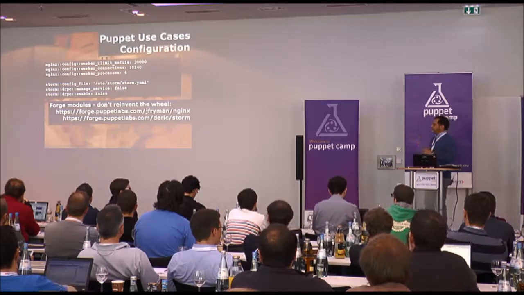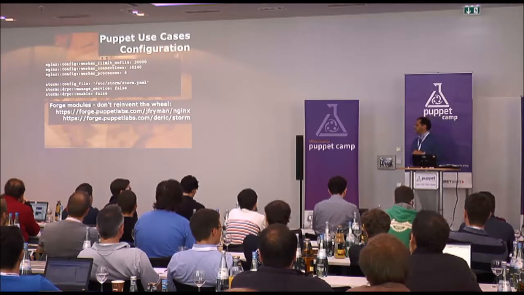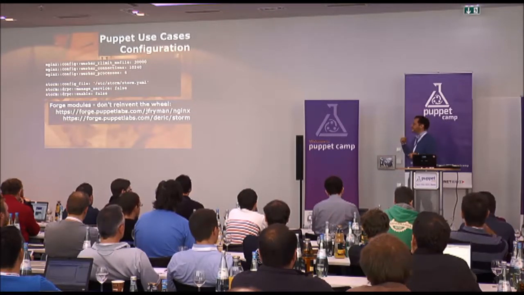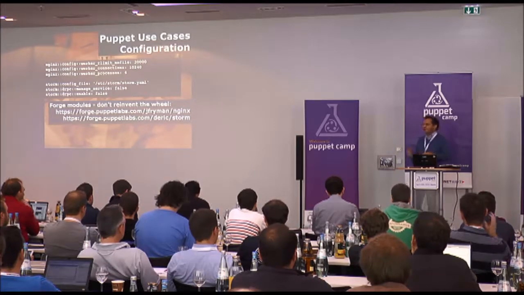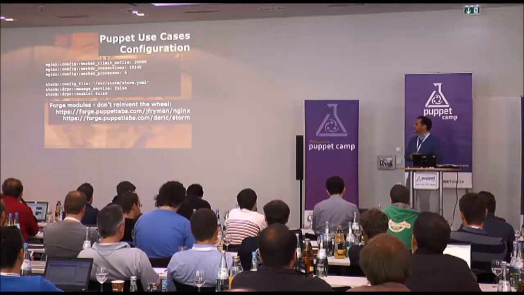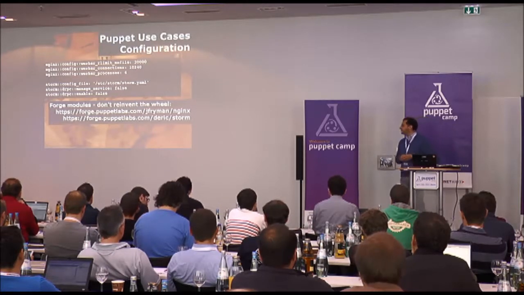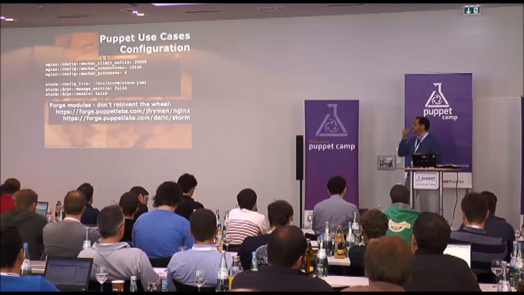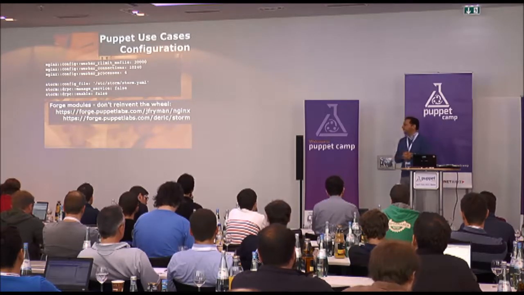So we've been using Puppet for over 4 years now, and one hard lesson that we've learned is that always try to reuse as much as possible of existing code. So always go to the Forge, don't reinvent the wheel. So for example, for those two configuration sets, the nginx configuration and Apache Storm configuration, we use those modules from the Forge.